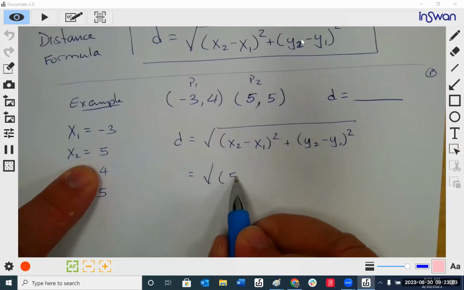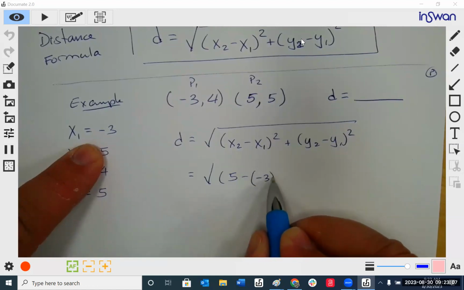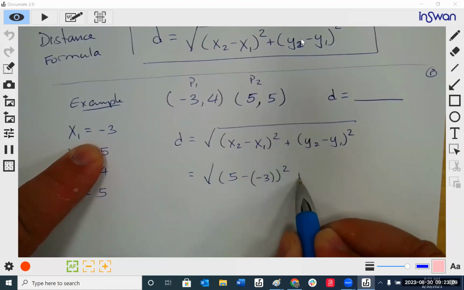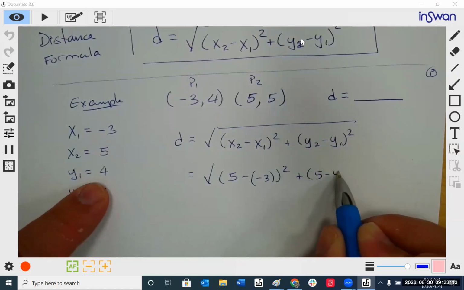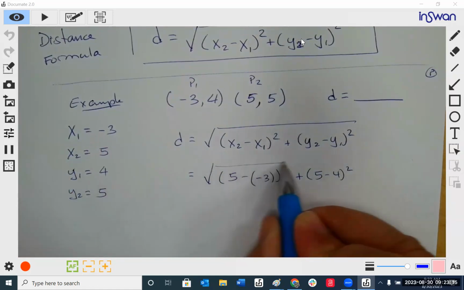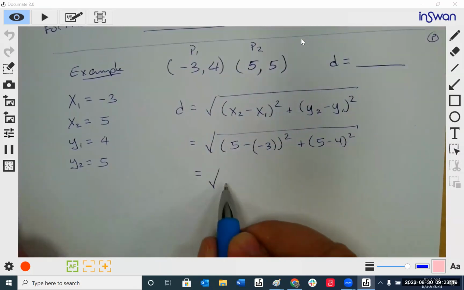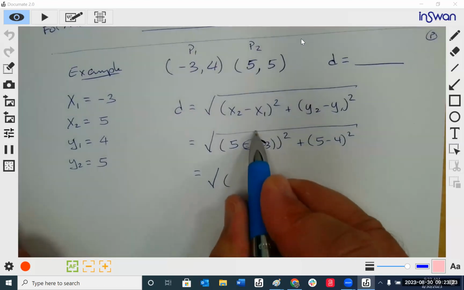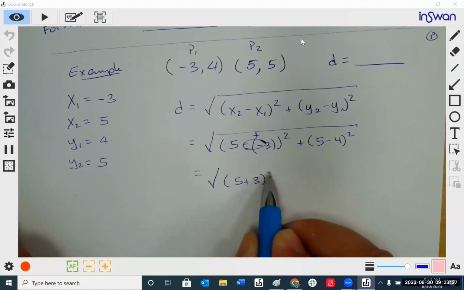X2, 5 minus -3, 5 minus 4. A negative and a negative becomes a positive. So we have 5 plus 3.